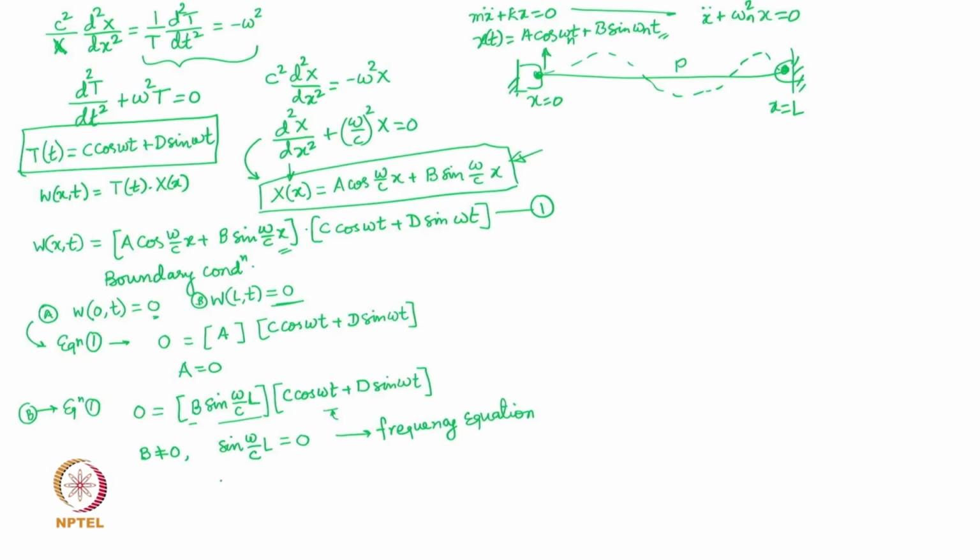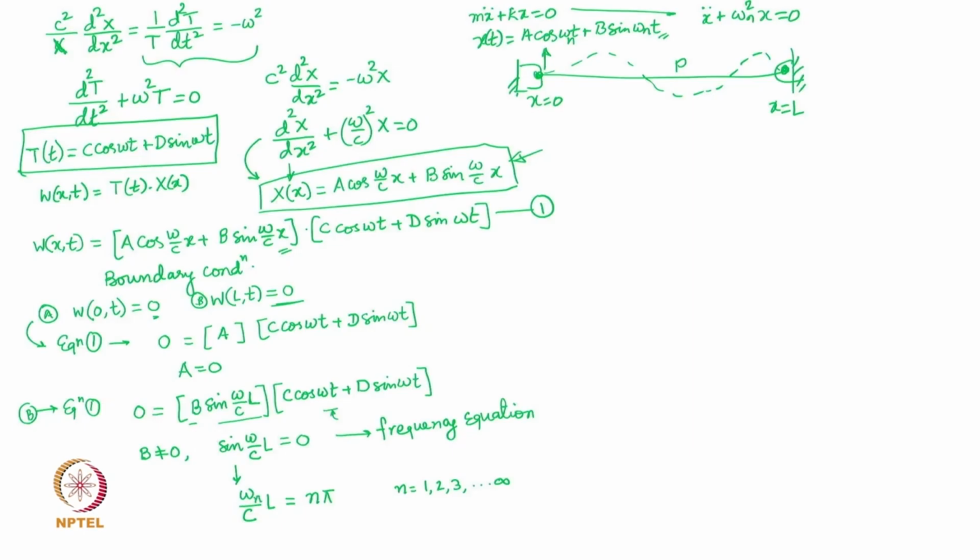Now this obviously means that omega by c into L is n pi, where n takes the value from 1 to infinity, and I would put a subscript n here, not the single degree of freedom natural frequency, but the nth mode natural frequency.